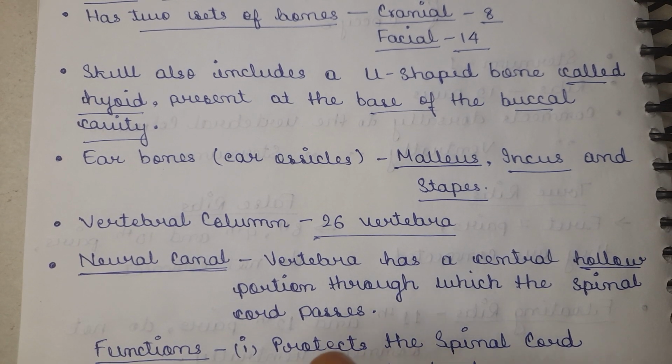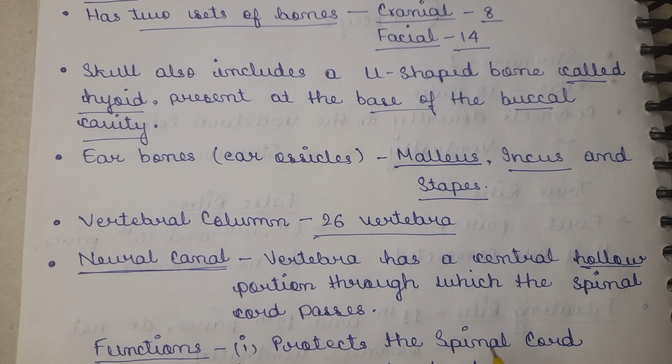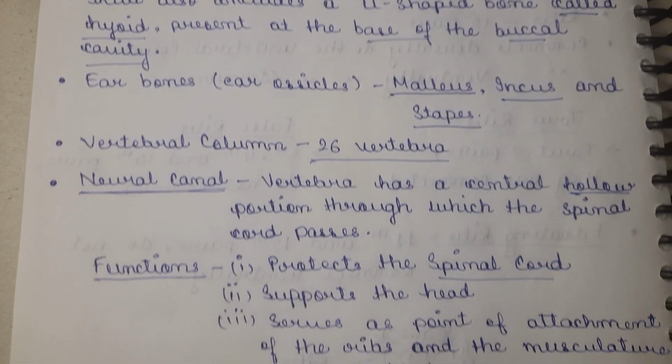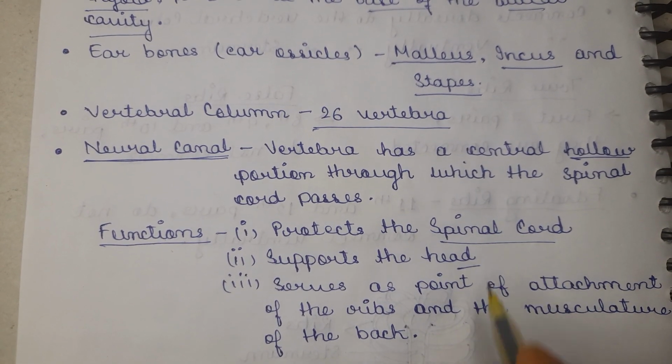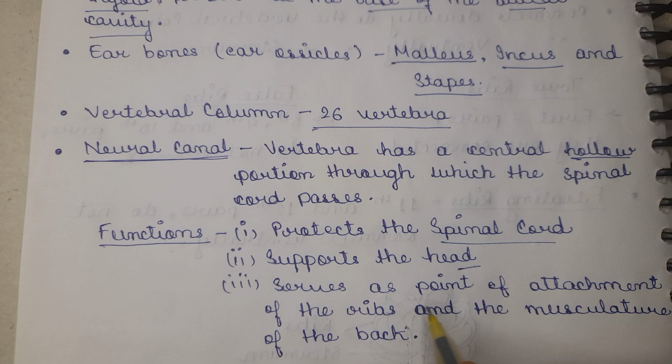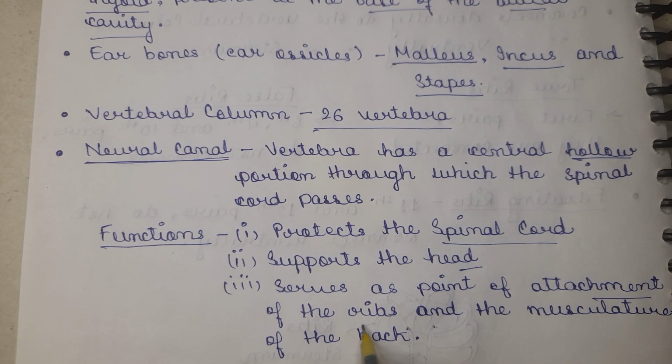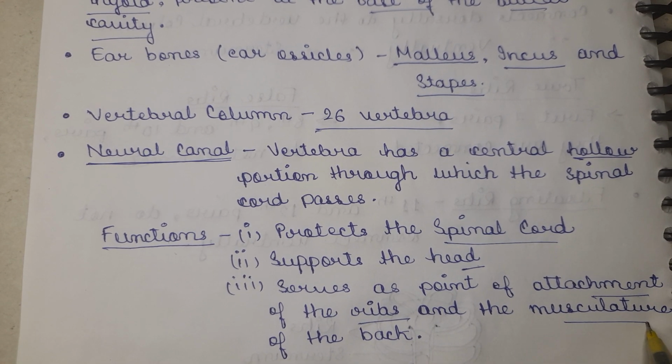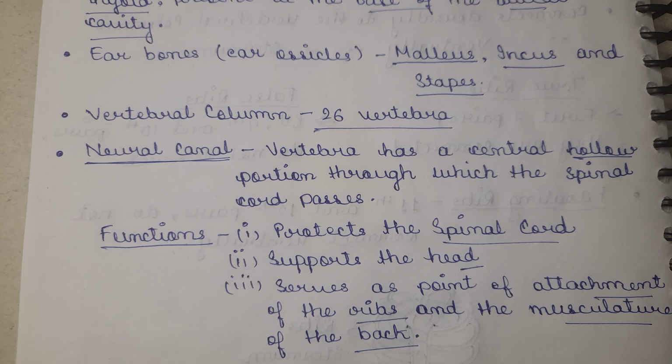The function of this neural canal is to protect the spinal cord and support the head. It also serves as the point of attachment between the ribs and the musculature of the back.